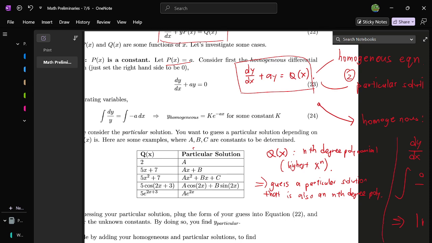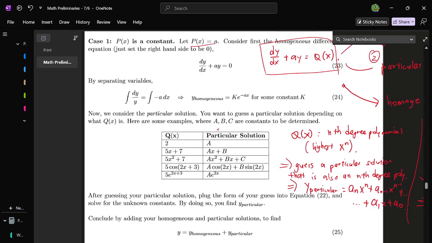That's what you want to do. Which means that your particular solution should be of this form.